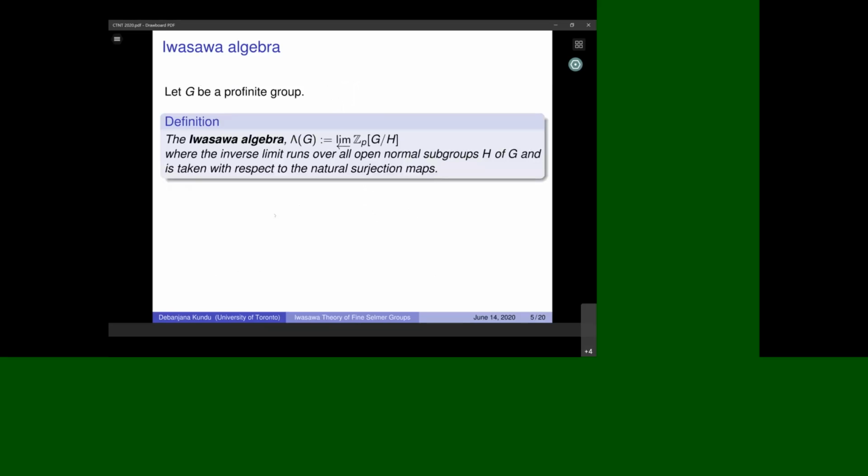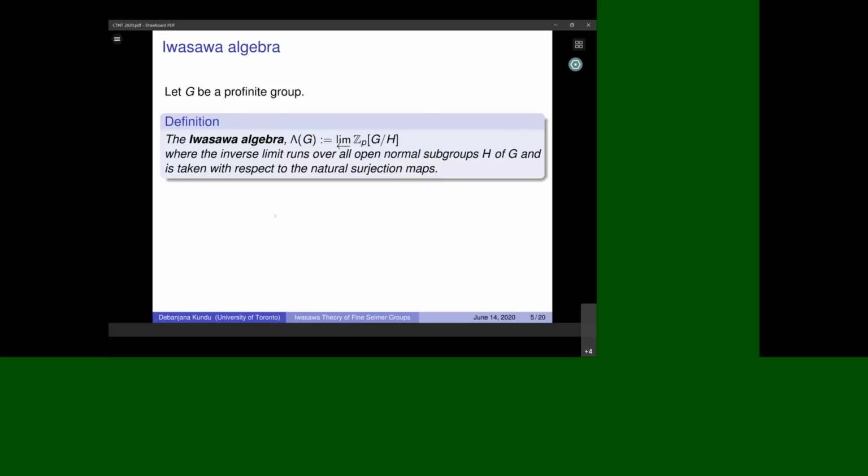You take the inverse limit of these formal group rings, Z_p[G/H], where the inverse limit is running over all open normal subgroups. This produces what we call the Iwasawa algebra. The point is that studying modules over the formal group rings is hard, so you need to look at this completion.